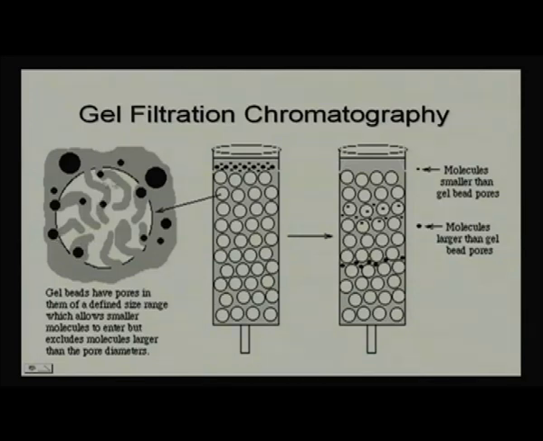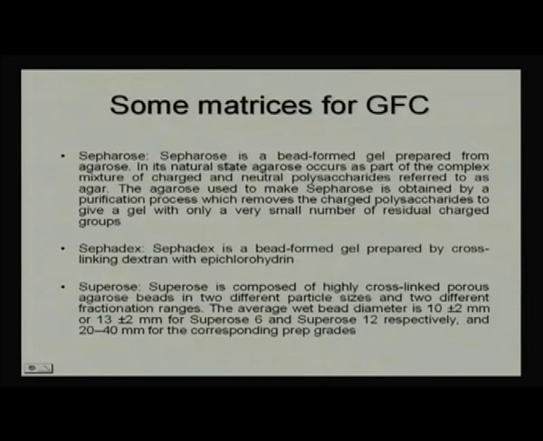So, these beads are loaded inside this column, and based on size, the bigger molecules come first, followed by the smallest one, and in this way we can get an approximate idea about the size of our targeted macromolecule.